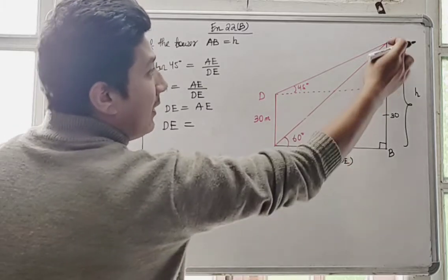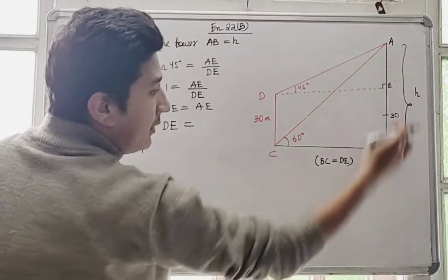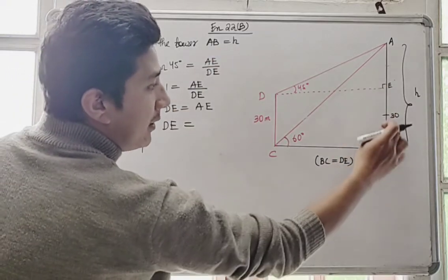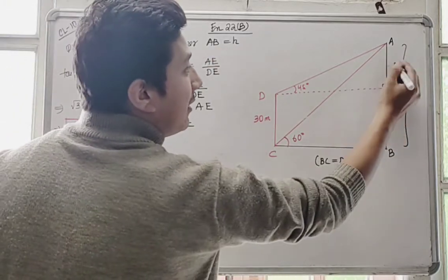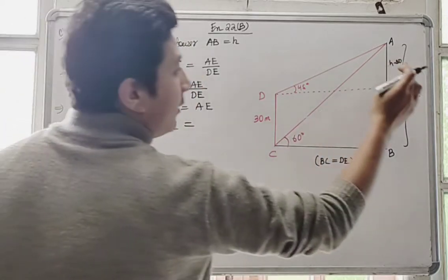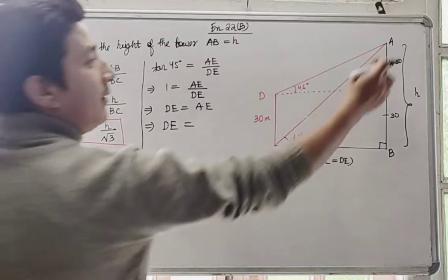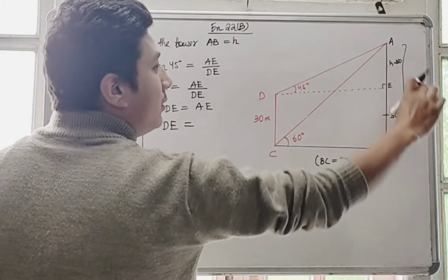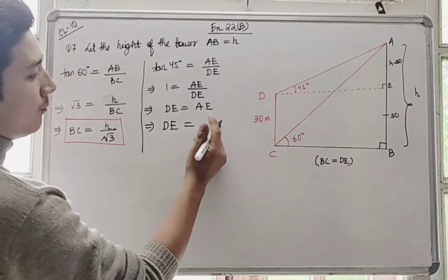Now see, the whole AB is how much? From here to here we have assumed it as H, and also from here to here it is 30. So therefore AE is H minus 30. If we add these two, we get H. So AE is H minus 30.